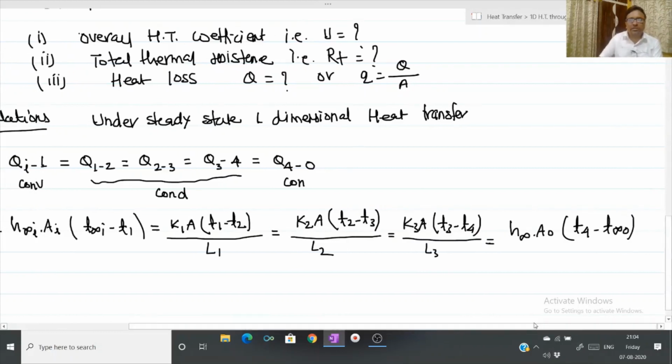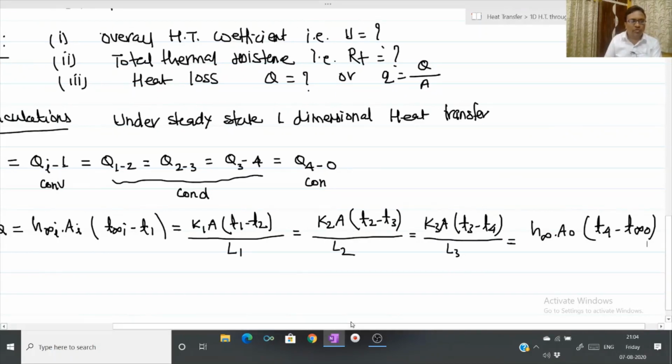Now here Ai, Ao, Ai will be equal to Ao will be equal to A, because we are going to consider only that area of the fluid film which is in contact with either left face or right face of the composite wall. So under such condition, area of the fluid film will be equal to area normal to heat flow.